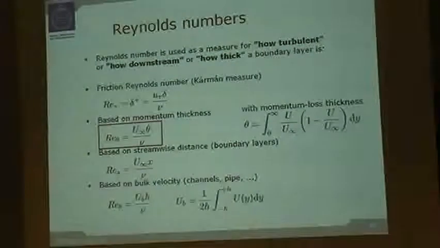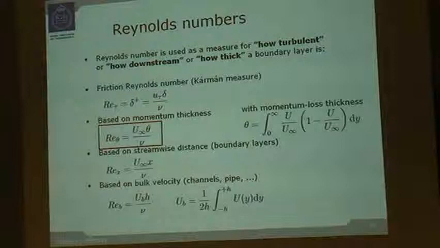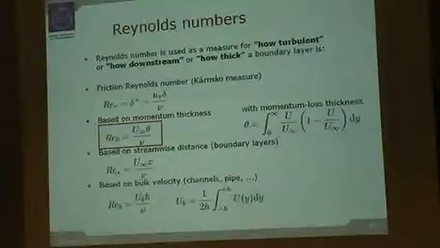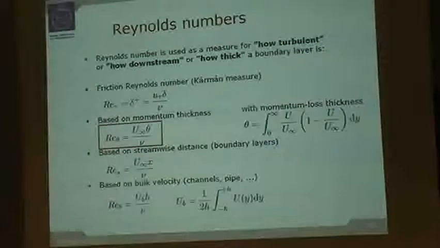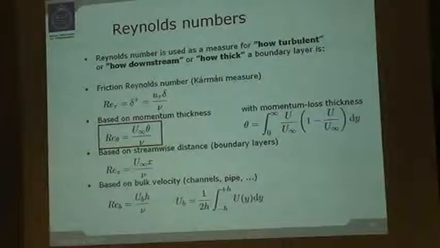So x is the distance from the leading edge. And mainly for channel flows or pipe flows, we can also define Reynolds numbers based on, let's say, the bulk velocity, the integral velocity. So these are various Reynolds numbers. They all indicate how turbulent the flow is, but they are used for different flows.